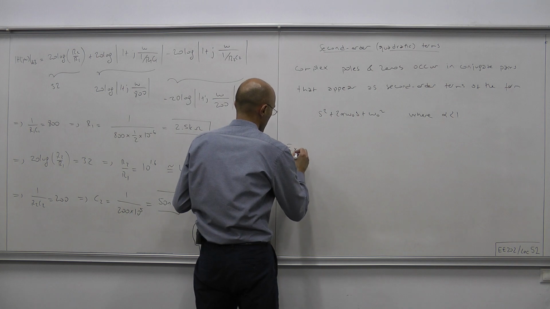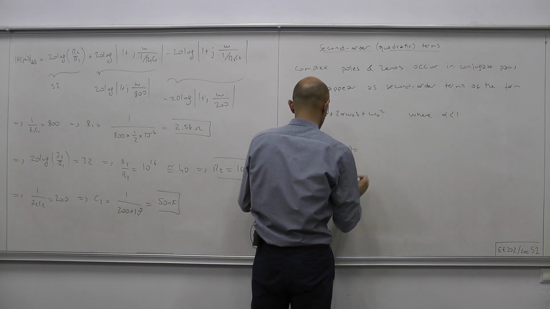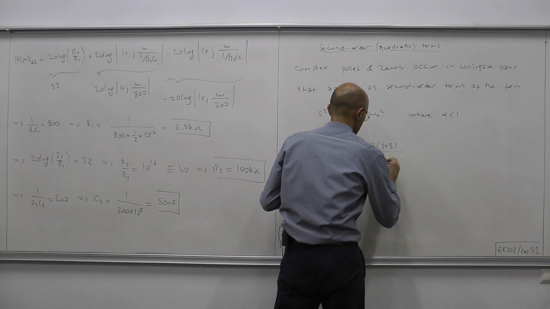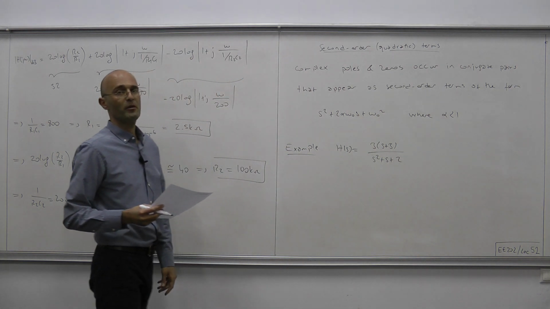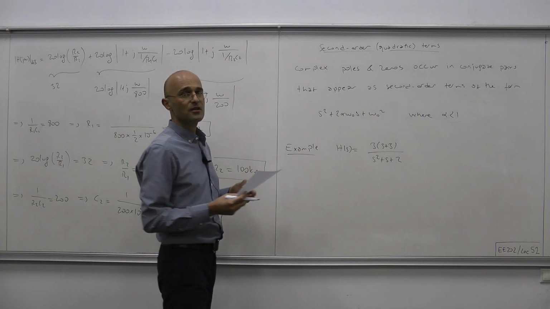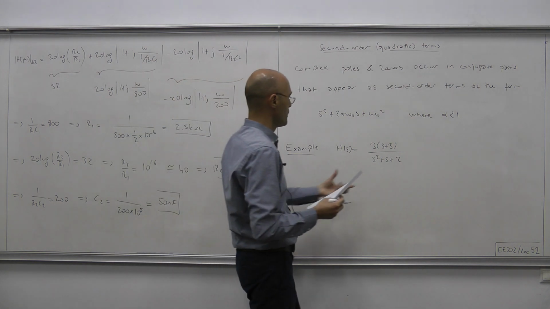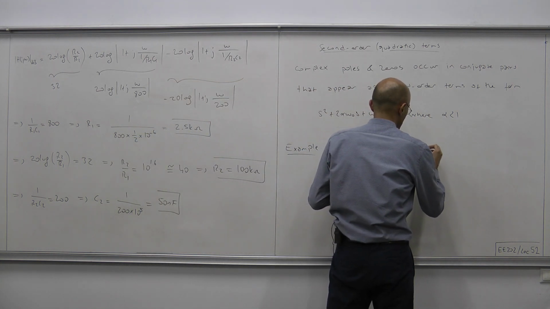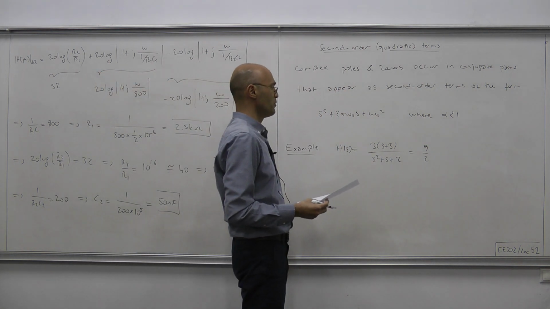Example, for instance, take H of s equals 3s plus 3 over s squared plus s plus 2. Now this second order polynomial that appears in the denominator has a complex conjugate pair of roots. Since the roots are not real, we have to treat this as a single piece, that second order term. And as before, we write things as 1 plus something, both for numerator and denominator.